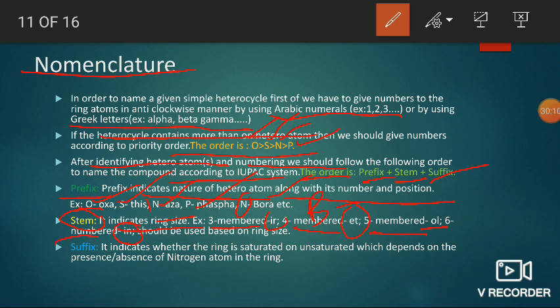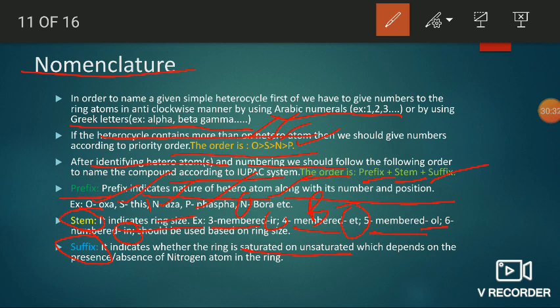Okay, last one, suffix. What is suffix? Here generally suffix indicates whether the heterocyclic compound is saturated or unsaturated. It gives information about the saturation or unsaturation of the heterocycle.